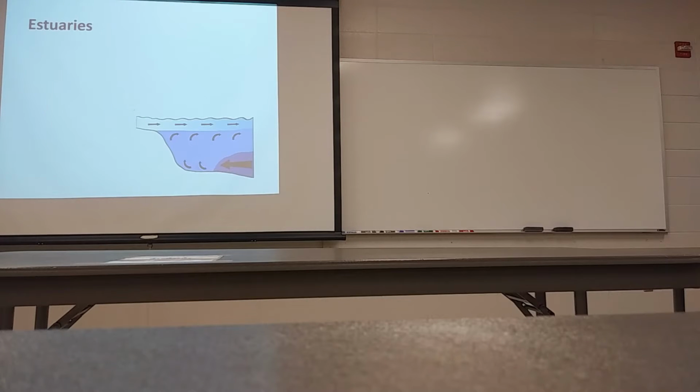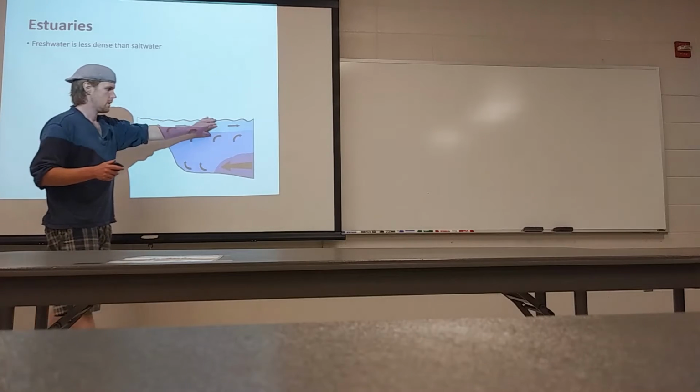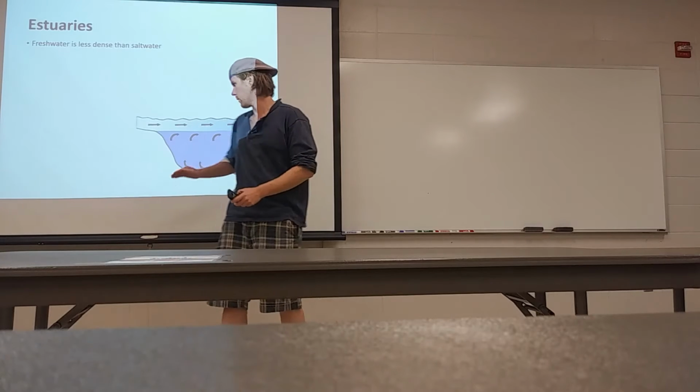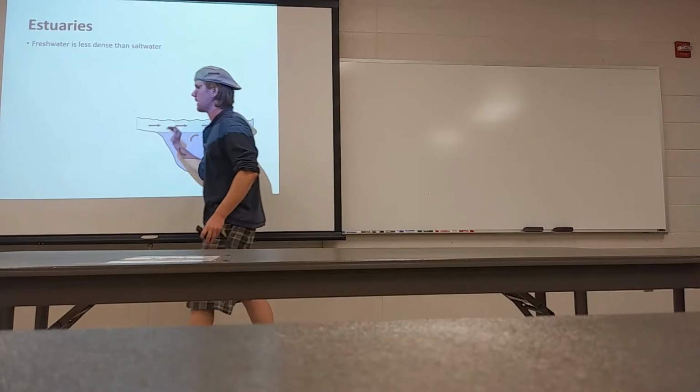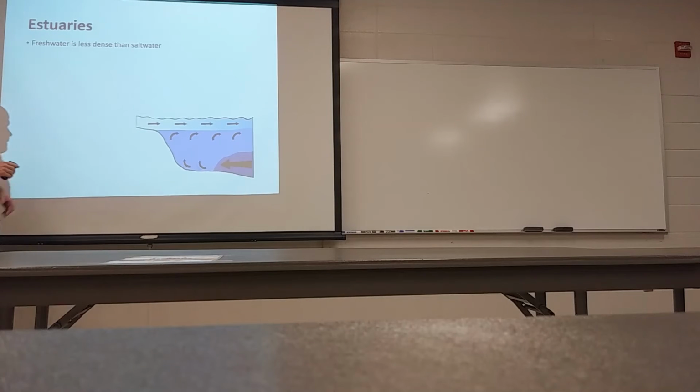Speaking of estuaries, a little bit more on them. So this is an incoming river, fresh water, salt water here. You can see you have it coming in, there's some upwelling, it comes back around. It does not mix immediately with the fresh water. Fresh water is less dense than salt water, and so it floats above salt water when they meet.